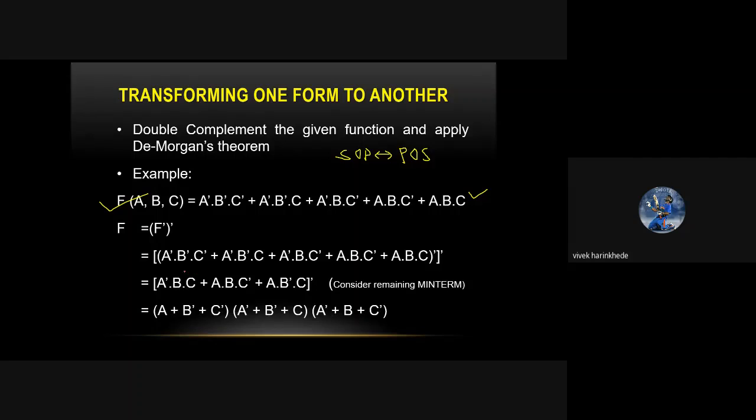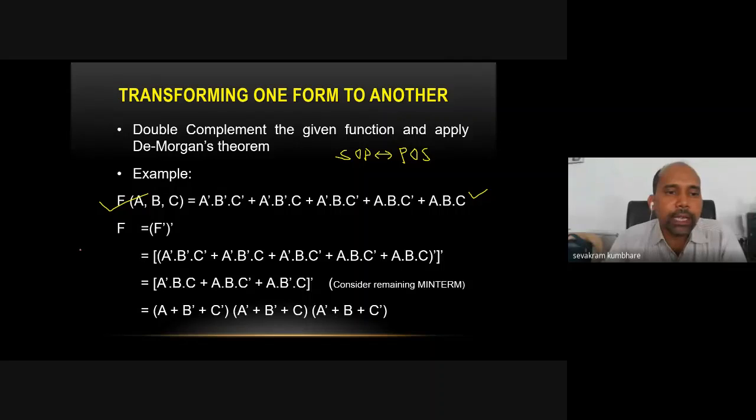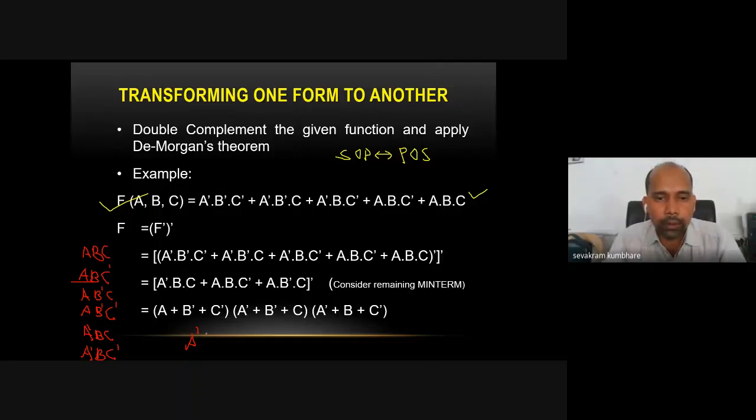Sir, please repeat again. Okay. What happens? We have three variables, so three variables can have 8 combinations like ABC, ABC bar, AB bar C, AB bar C bar, A bar BC, A bar BC bar, A bar B bar C, and the last one is A bar B bar C bar.